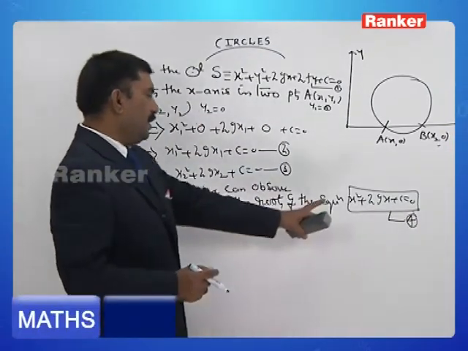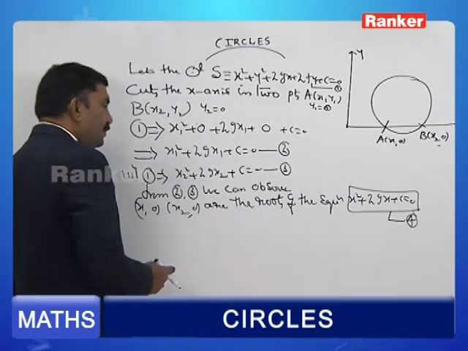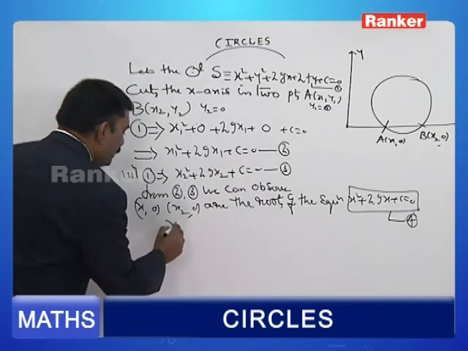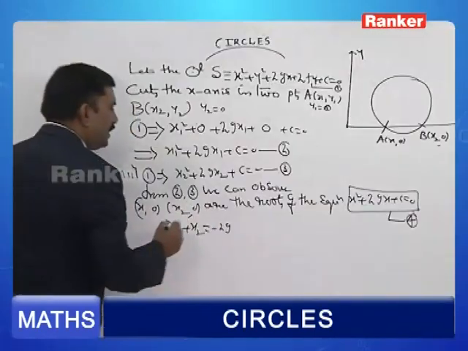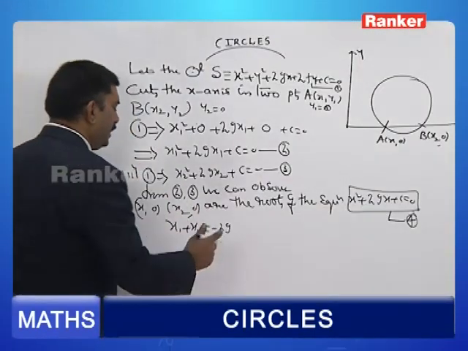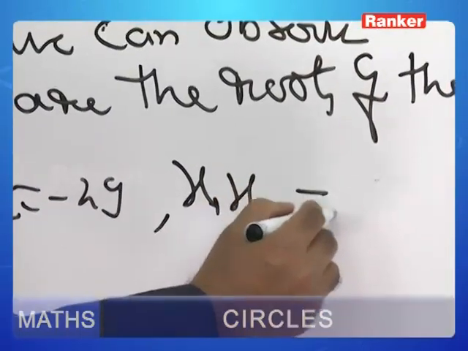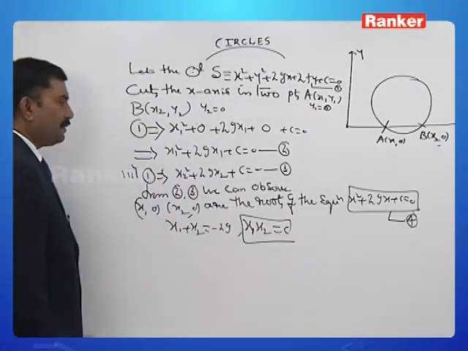This is a quadratic in x, so let its roots be x1 and x2. Therefore, the sum of the roots x1 plus x2 is equal to minus 2g, that is minus b by a. Next, the product x1 into x2 is equal to c.